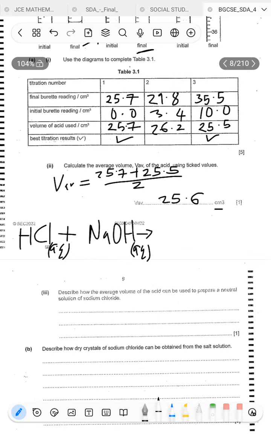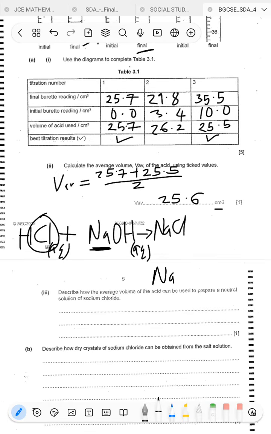whereby the acid and the alkali react to form a salt. Now the salt is going to have this metal ion and the negatively charged anion from the acid, so NaCl. Because sodium ions are this, and chloride ions are this, and they can form this ionic compound.